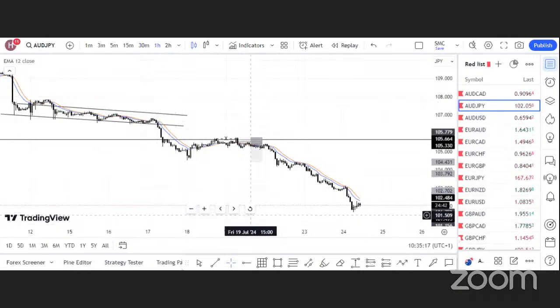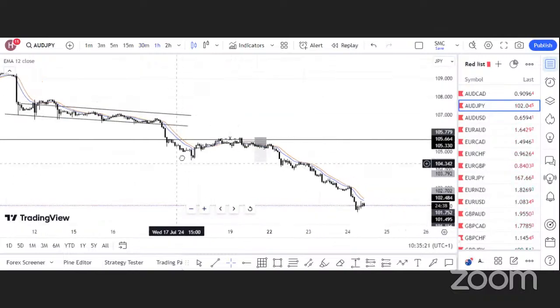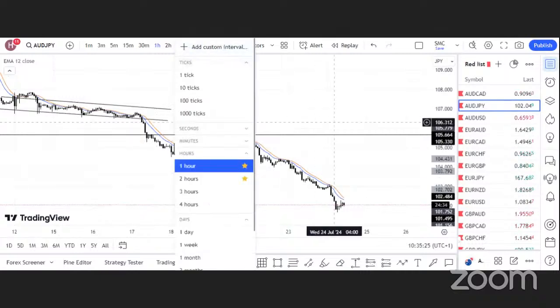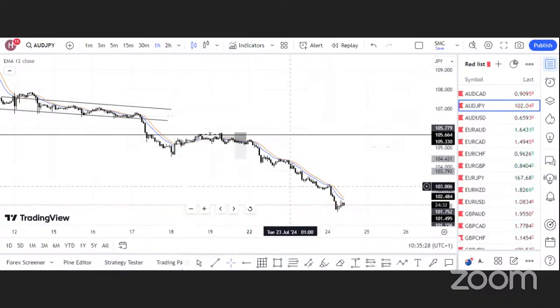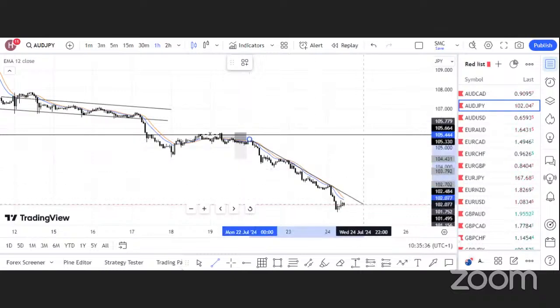There's nothing here. We are currently on the 1 hour time frame. There's a little movement. Even though it's not much, I think we can still do something.